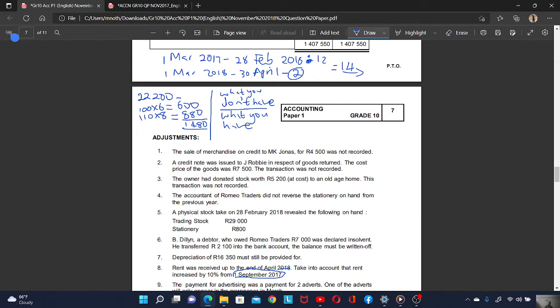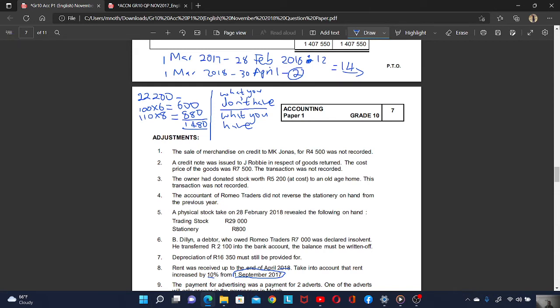Okay, so in order to calculate how much is a month each, we need to find out how much is added. So we have a 10%.